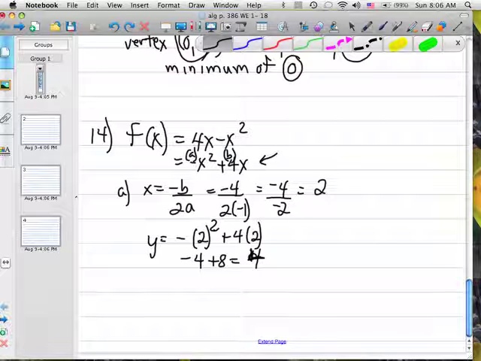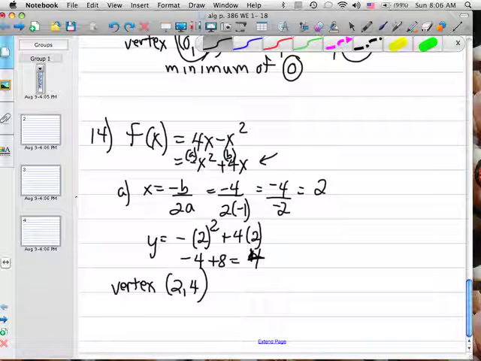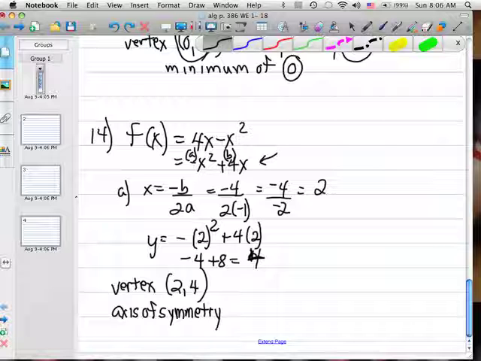So our vertex is 2, 4. The axis of symmetry is the line that goes to the vertex, the vertical line, so x equals 2. And our parabola looks like this.